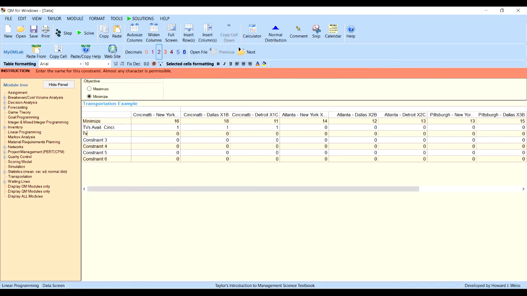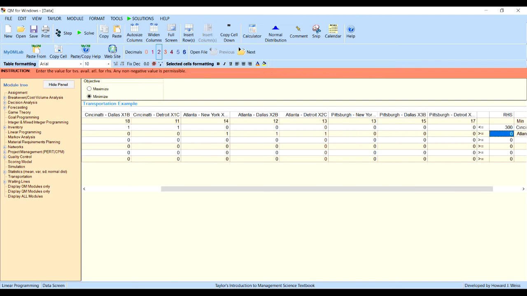Next one, TVs available, Atlanta. 1, 1, 1 must be less than or equal to 200. And that was given to us in the question.